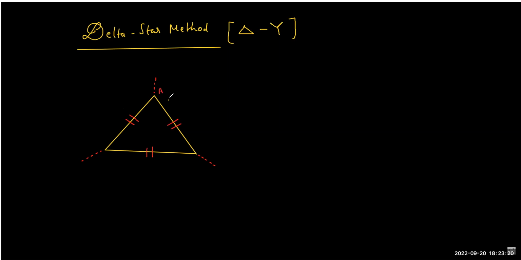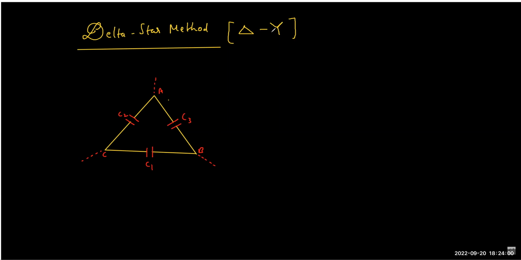I call this A, and B, C are called junctions. So we have 3 junctions A, B, C, and between every pair of junctions we have some capacitance. Let's call them C1, C2, and C3. The remaining part of the circuit is not shown to you; it is shown by the dashed line.